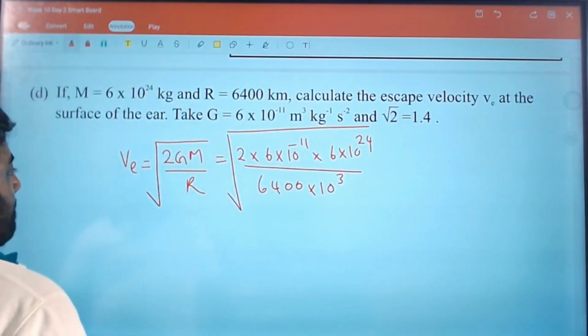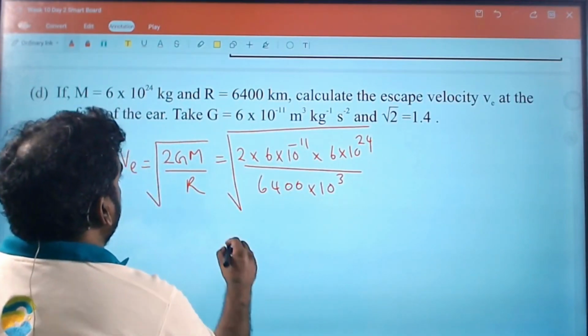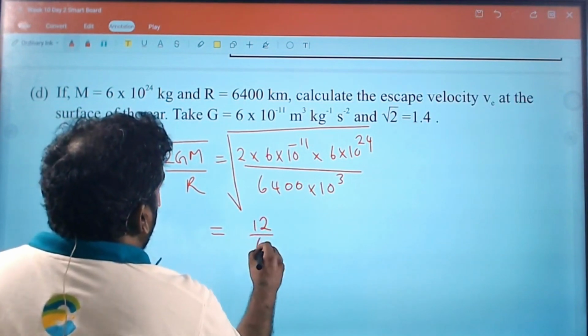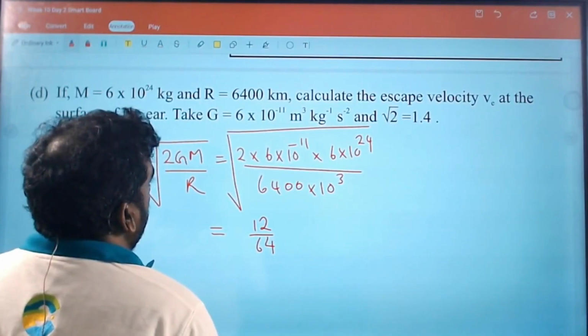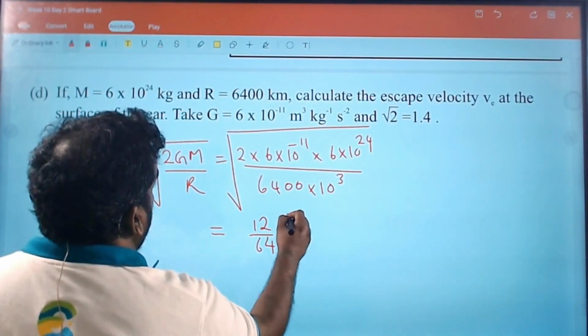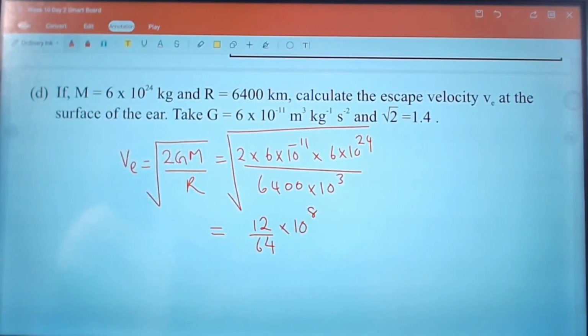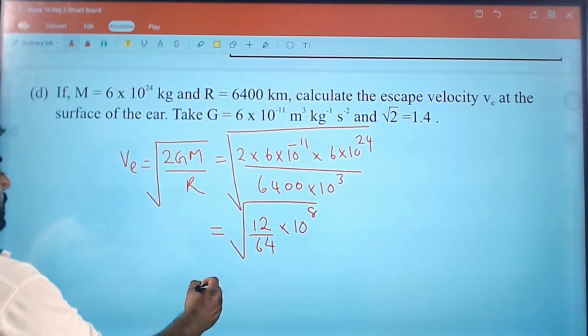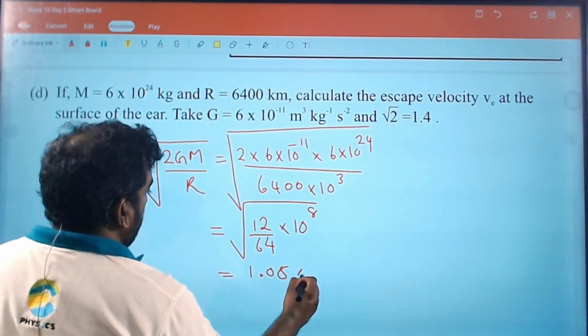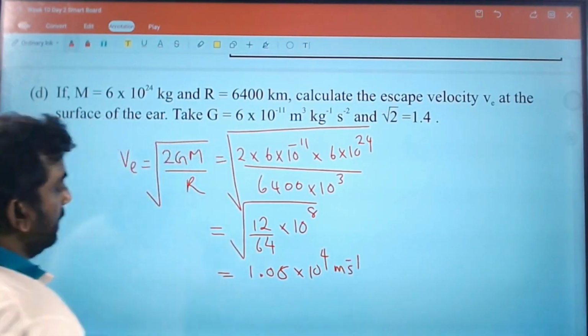Simplify this. 12 over 64 × 10⁸. You get 1.05 × 10⁴ meters per second.